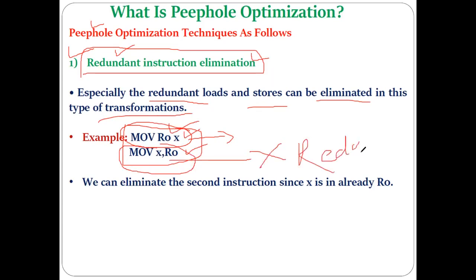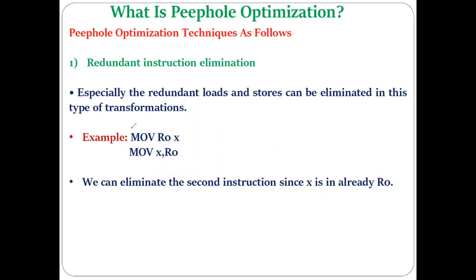This second instruction is called a redundant instruction, which you can call a redundant load and store. Okay. So that is the reason you can eliminate this second instruction. As I mentioned, we can eliminate the second instruction since X is already in R0.